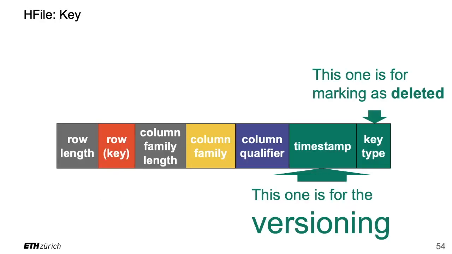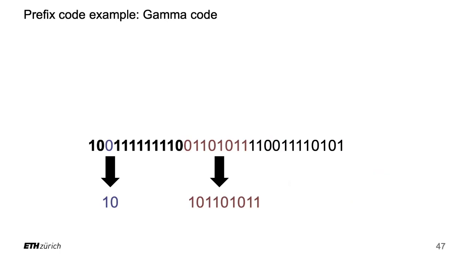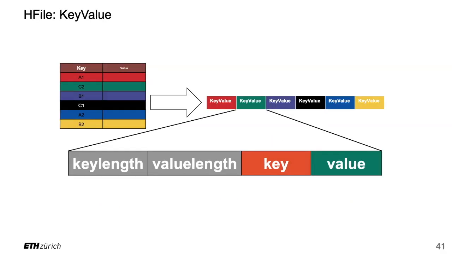But what I want to say, now if I'm coming back here, is that if I just store the key values like this, one after the other, I have absolutely no idea when the key values start and stop. I have no idea where to put the boundary and how to read them. No idea.